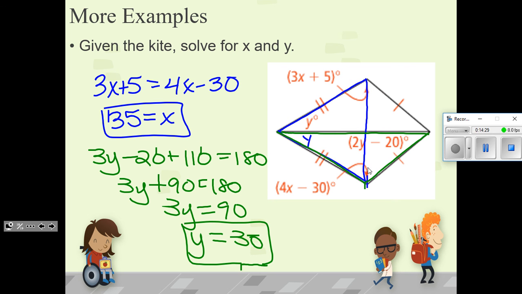This angle is 110 because x was 35, so I plugged it in here. So you can make it equal like this. Look at this equation. Negative 20 plus 110 is 90. Subtract 90. 3y equals 90, divided by 3. y equals 30. So 30 is the answer for y. So once I got the x, I plugged it in here and used a triangle. If this is y, that's y. I combined like terms, combined these two, then added 110, made it equal to 180, and that's how I got the answer.